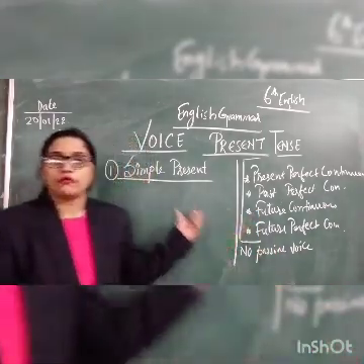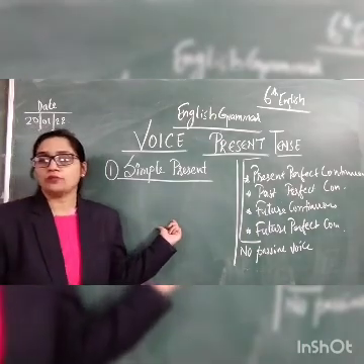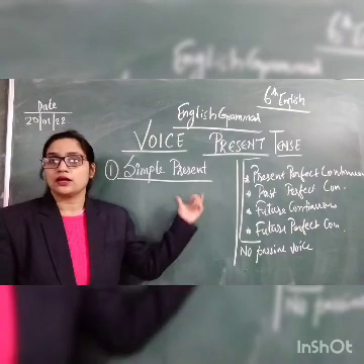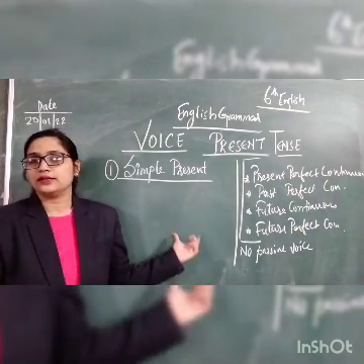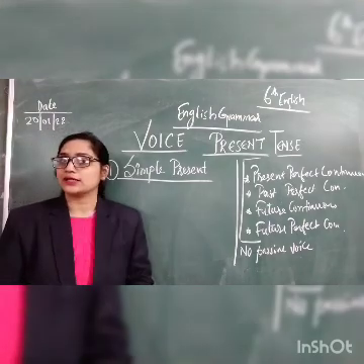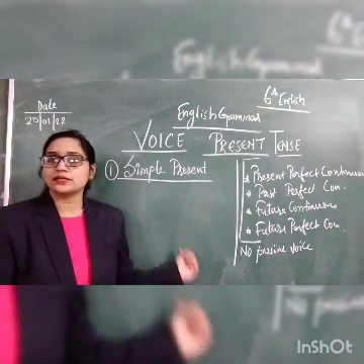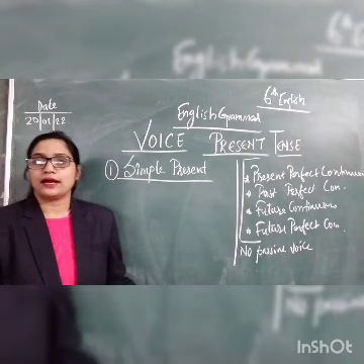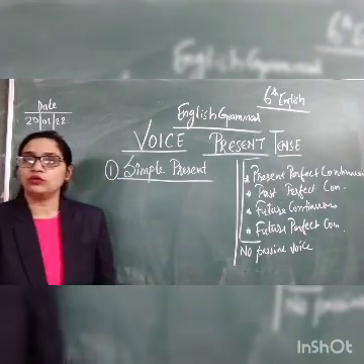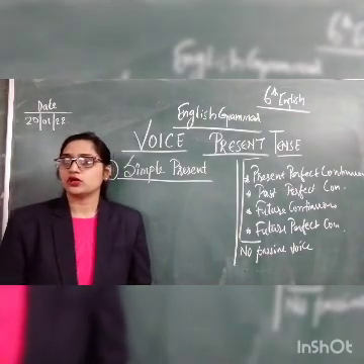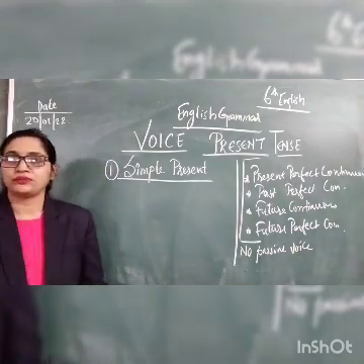Okay, so we will learn 8 forms in these 3 tenses: simple present, present continuous, present perfect in present tense, and in past tense, simple past, past continuous and past perfect. And in future there will be 2 forms only in passive, that is simple future and future perfect.